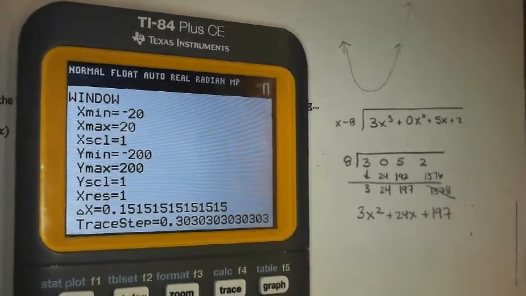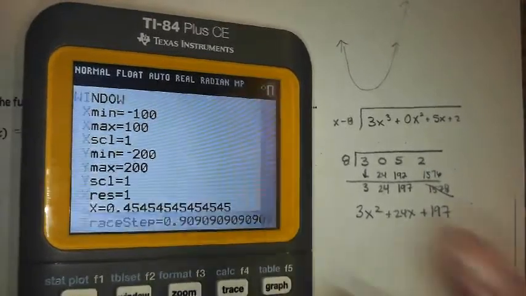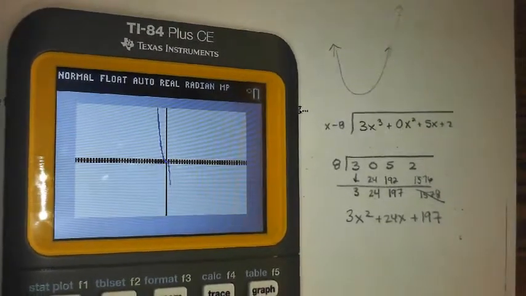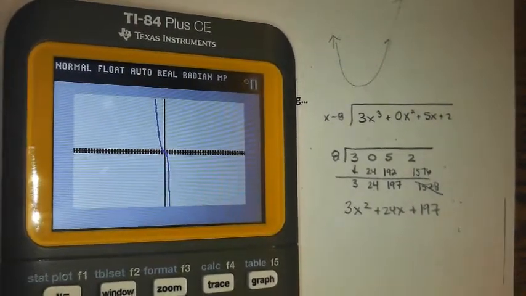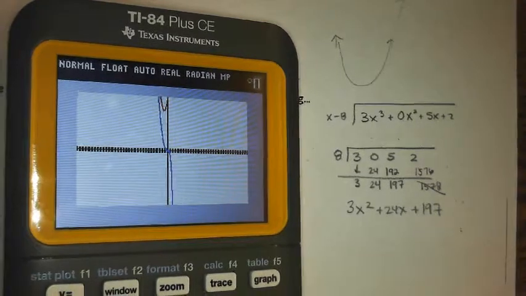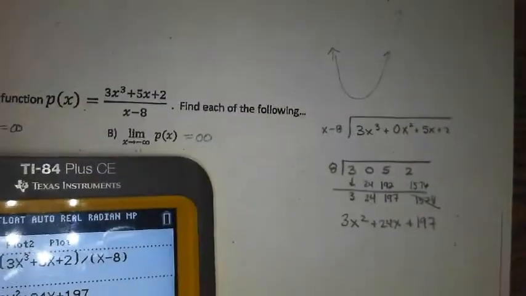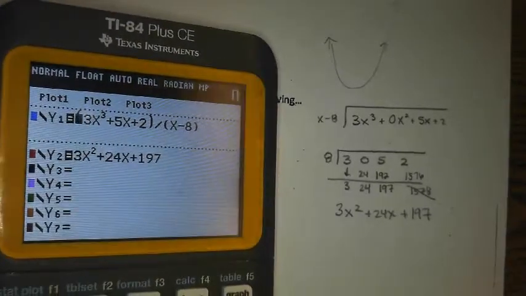Window. Negative 100 to 100. Uh-oh. It's going to make a liar out of me. It's not turning back around.